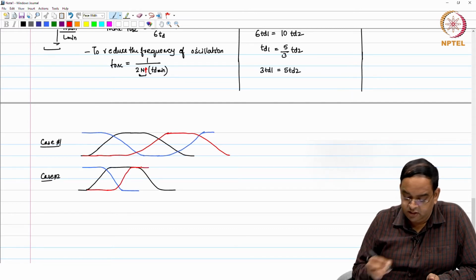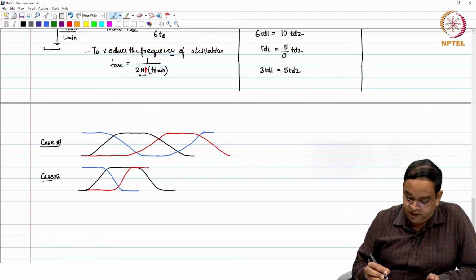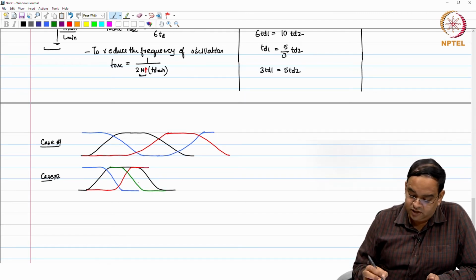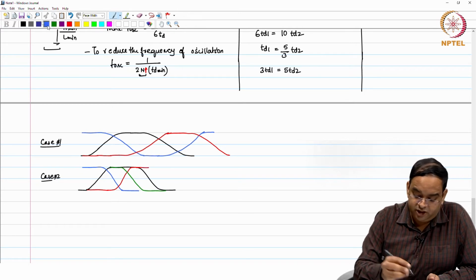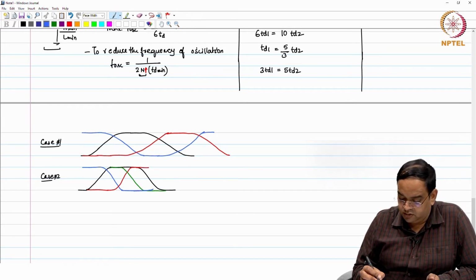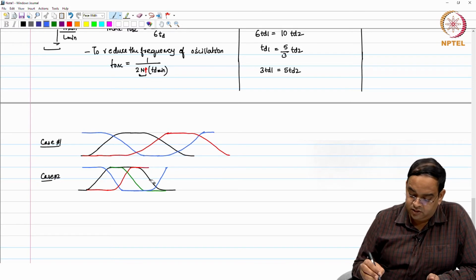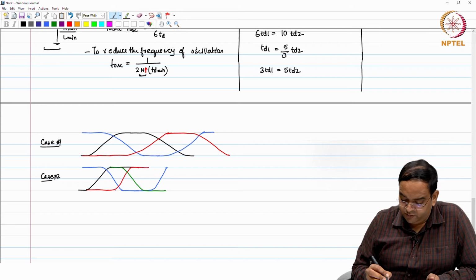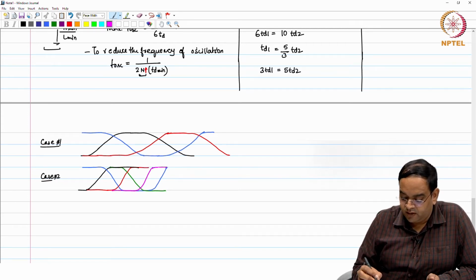This is second, then in response to this, you are going to have this. Then in response to the green one, I am going to have this, and this is the black one.